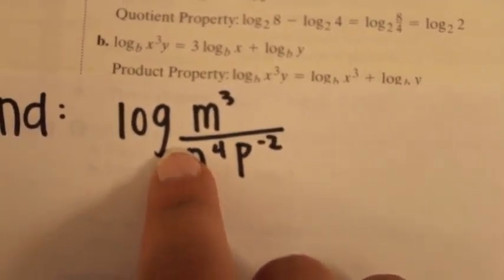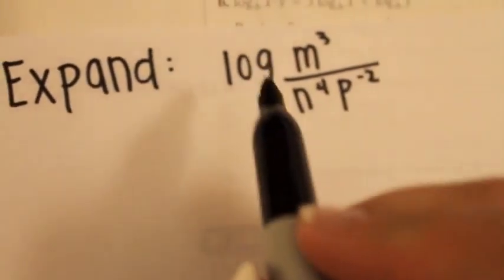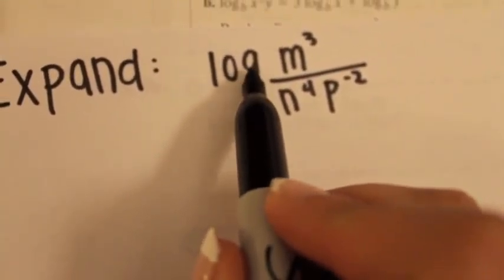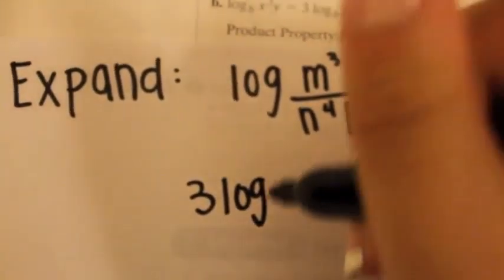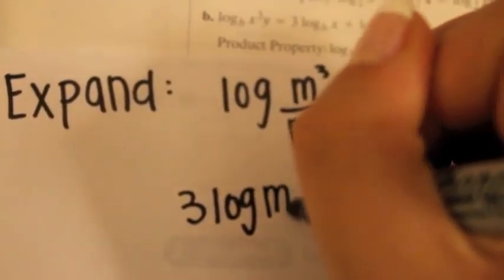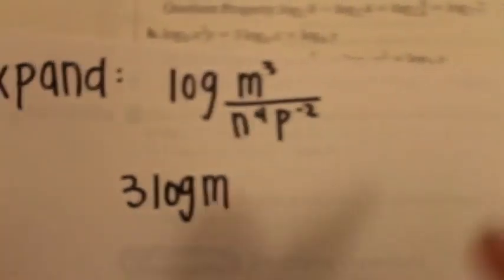And log base 10, we're going to take the 3 as the exponent and put it in front, and then put log, and then m afterwards. Because of the log property, that's how we know to expand it.